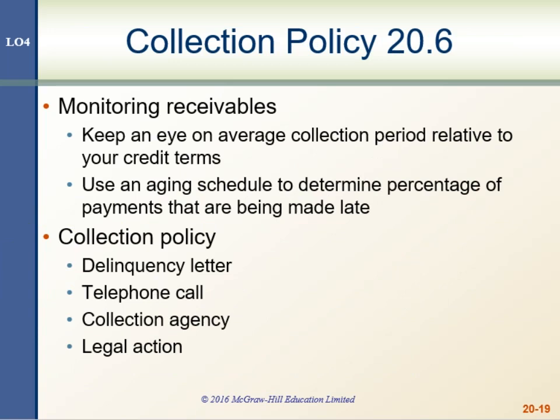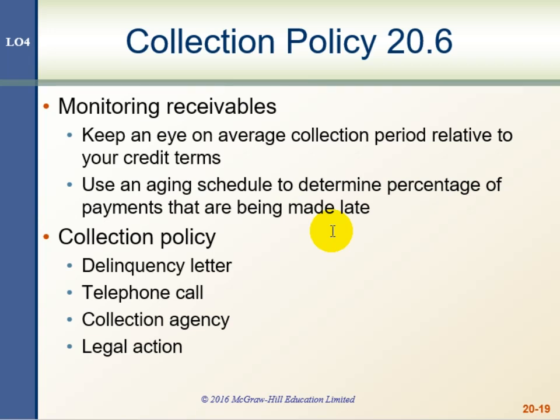So, monitoring the receivables. Well, you have to keep track of them. What most companies do is use, in their accounting program, the ability to draft an aged trial balance. An ATB is what the finance people call an aging schedule, but the accounting people call it an aged trial balance, where each of your accounts receivable is ranked according to whether it's on time, or 30 days old.